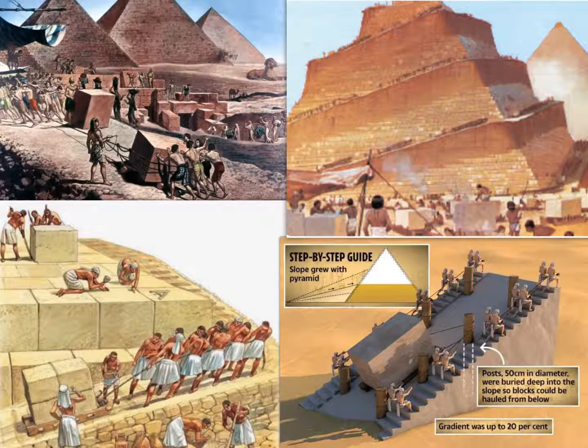Before I answer that question, let's have a look at how Egyptians built pyramids. Actually, they used this concept of ramps as shown over here. They are making use of a gradient to pull very high masses to a height. So that's how they built these big structures.